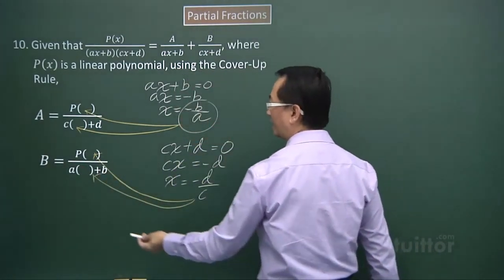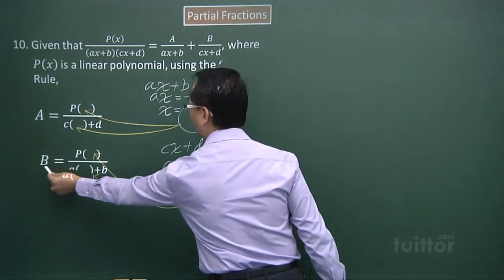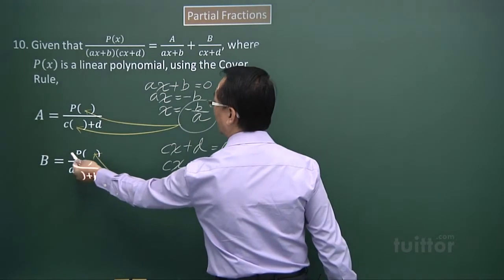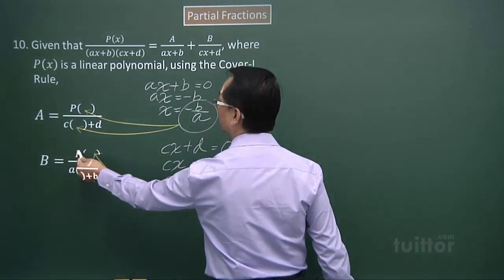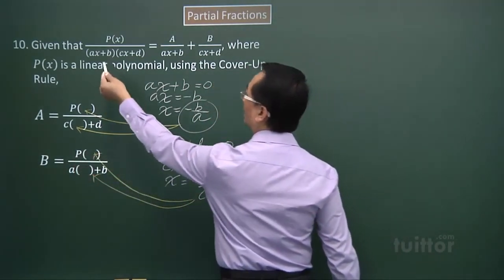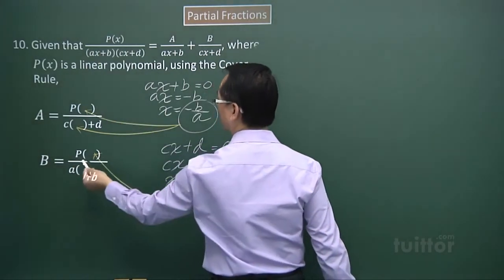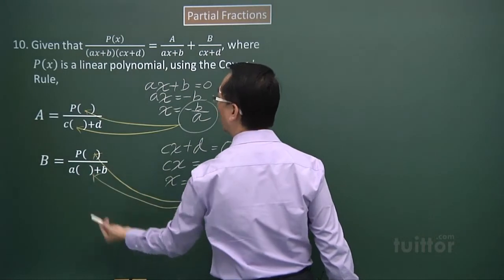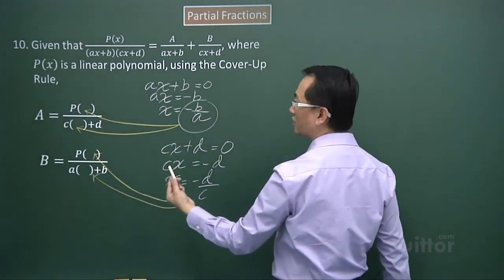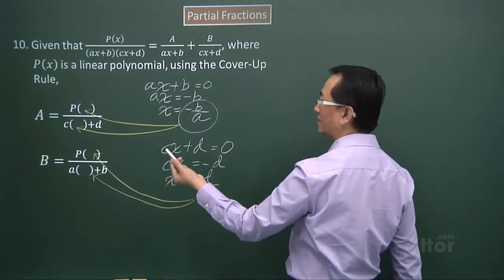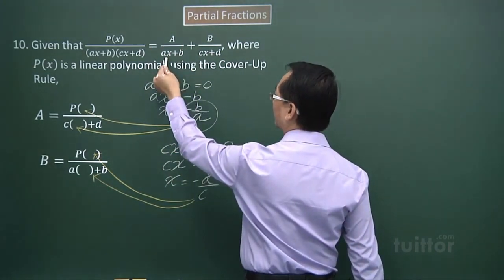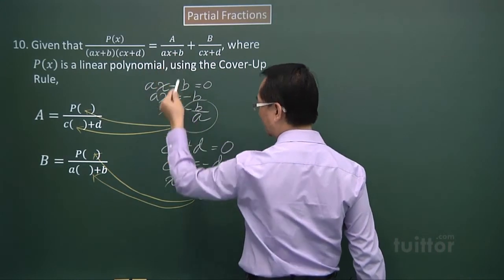And you notice that for the value of b to be worked out, I will have the linear polynomial, which is over here, with the value of x put in, divided by the expression of the linear factor belonging to the first algebraic fraction.